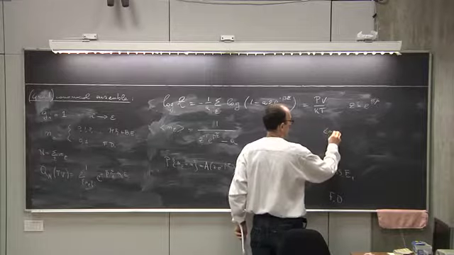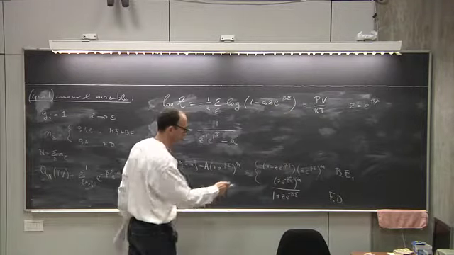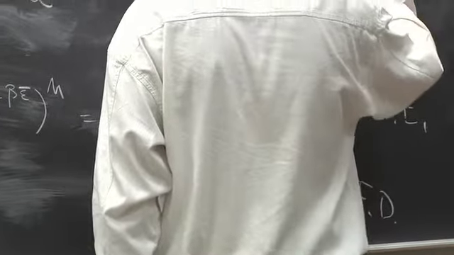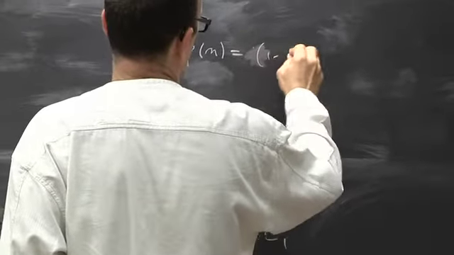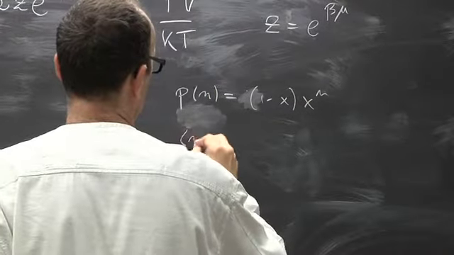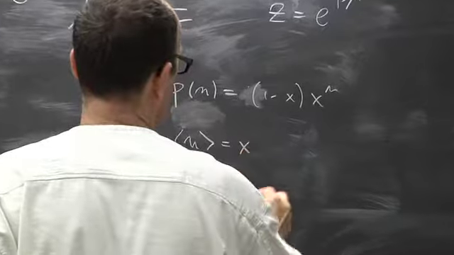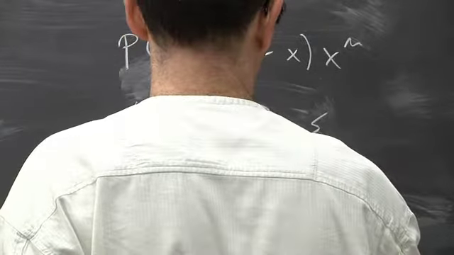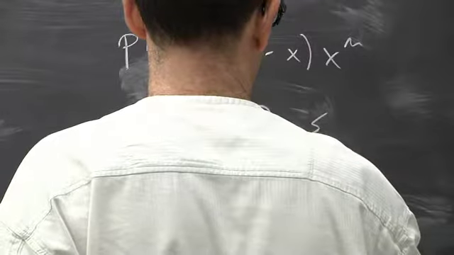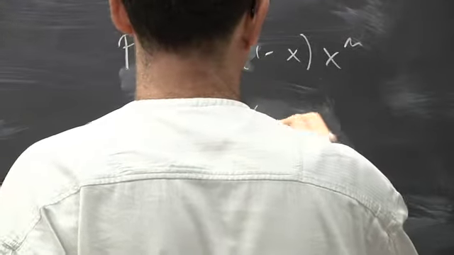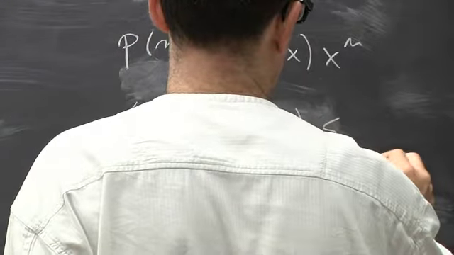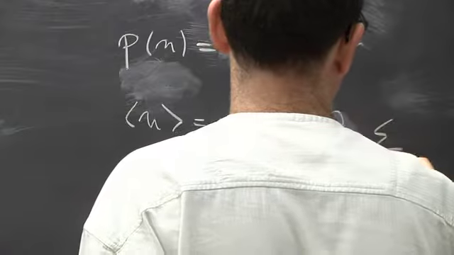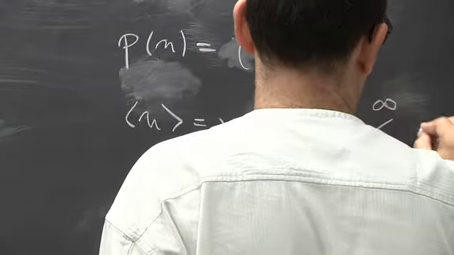If the probability of n is a geometric probability, so if p of n is equal to 1 minus x times x to the n, then you can compute n average as x times 1 minus x times the derivative with respect to x of the sum over n from 0 to infinity of x to the n.